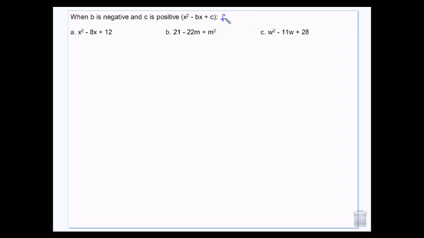Negative. So my factors are both negative. Because a negative times a negative is a positive, but a negative plus a negative is negative. So it's the same idea. I'm still looking for two things that'll multiply to make that last number and add up to make that middle number, but they're both going to be negative this time.